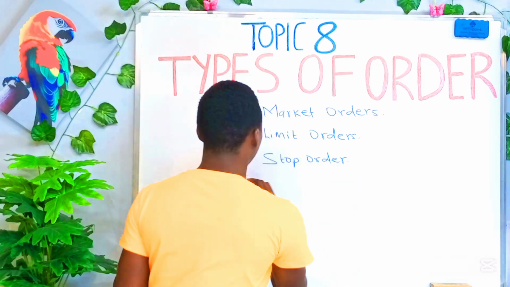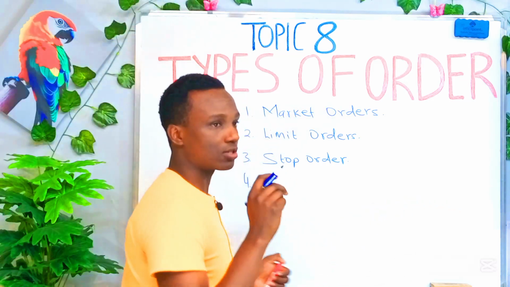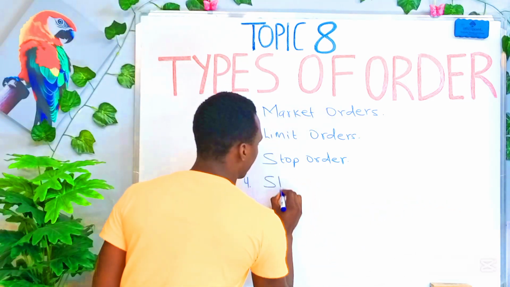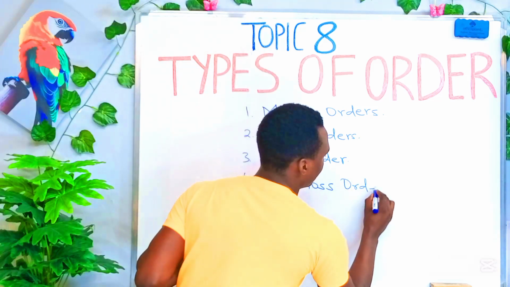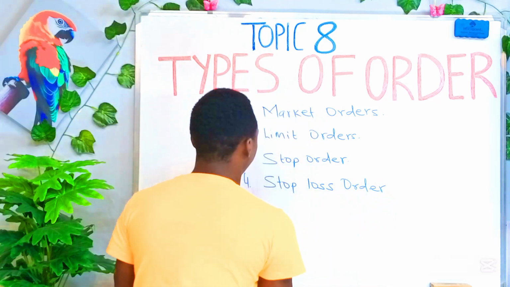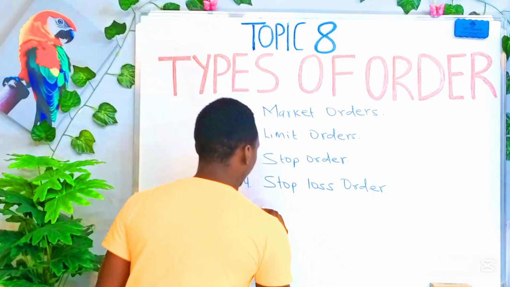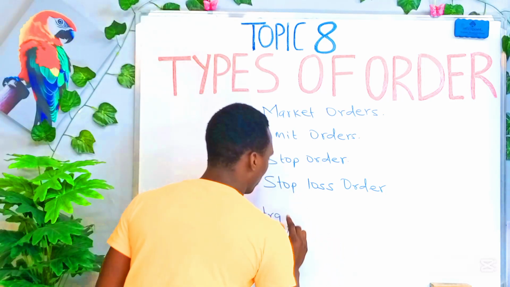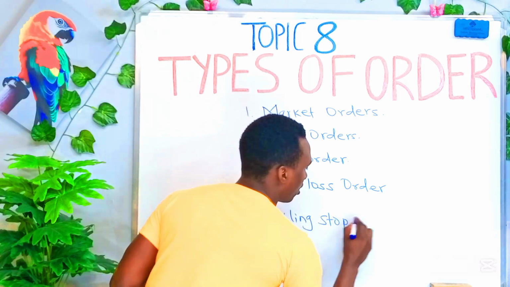At number 4, stop loss orders. At number 5, trailing stop orders. They are part of the stop loss orders.